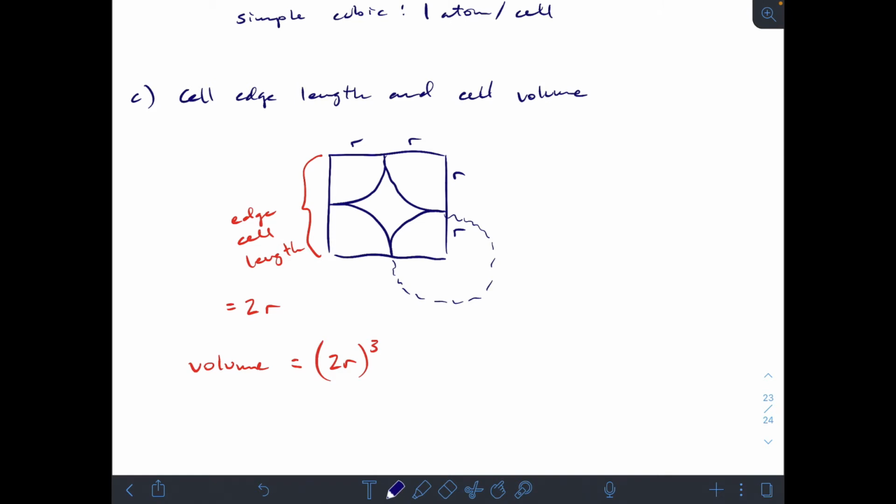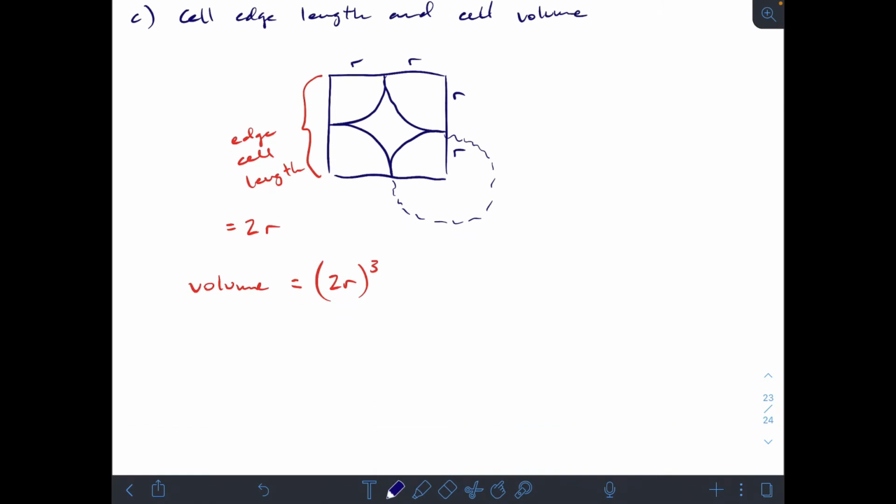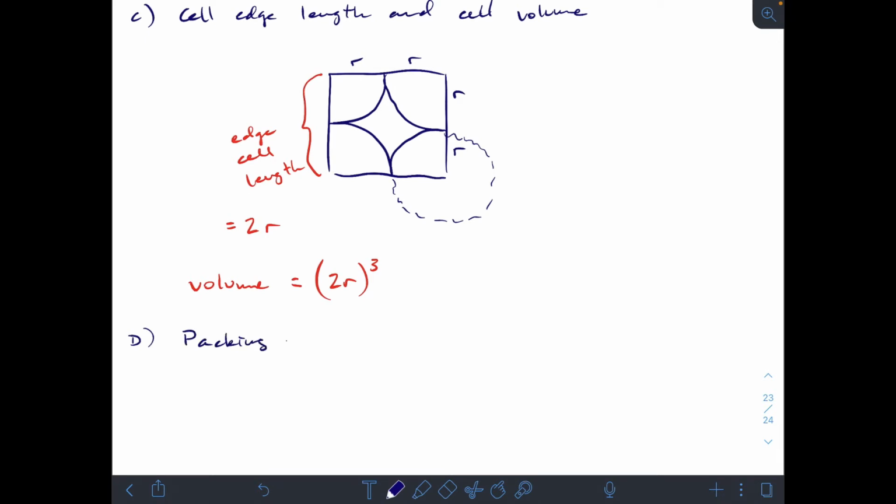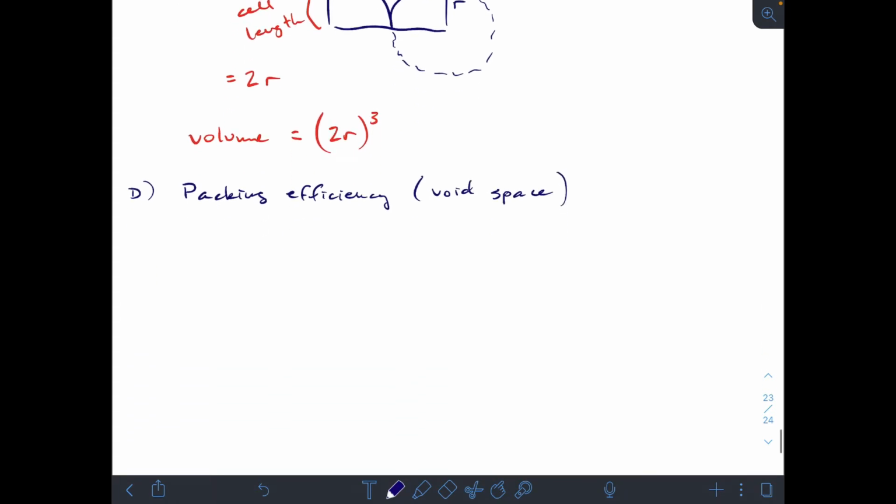Right, and then our next and last characteristic is packing efficiency. Okay, talking about void space. Right, so there's a way for us to calculate packing efficiency.